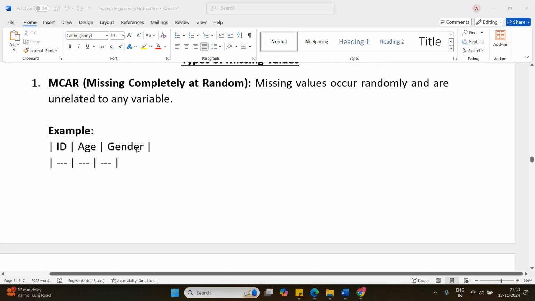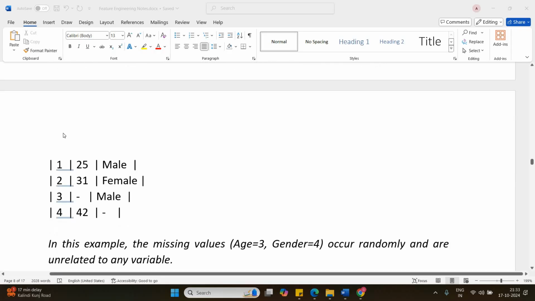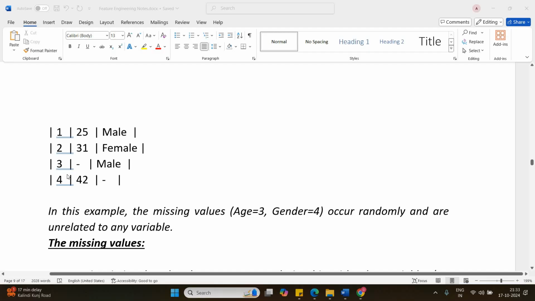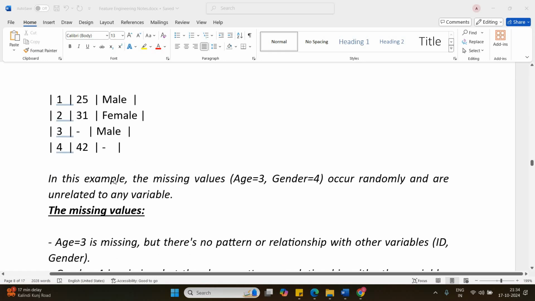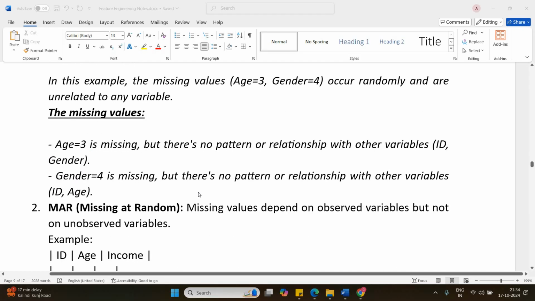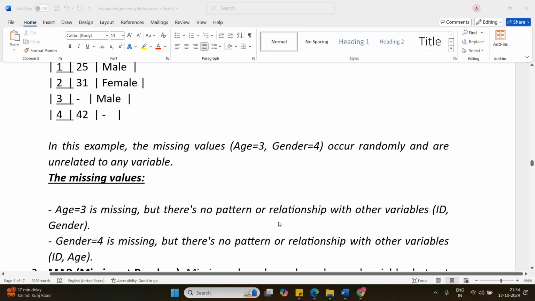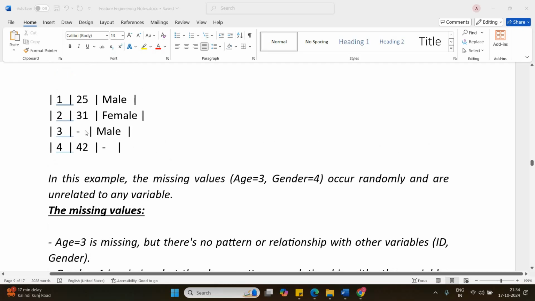For example, you can see ID, gender, age, all of which are available here. But on the third row, the age is missing, and on the fourth row, the gender is missing. So you can see the missing values occur randomly and are totally unrelated to any variable. Age 3 is missing, but there is no pattern or relationship with the other variables like ID or gender.